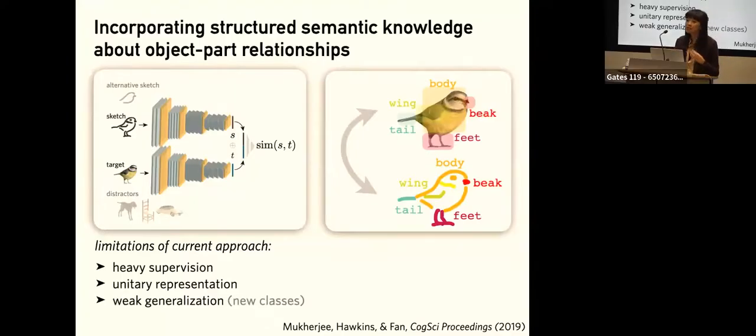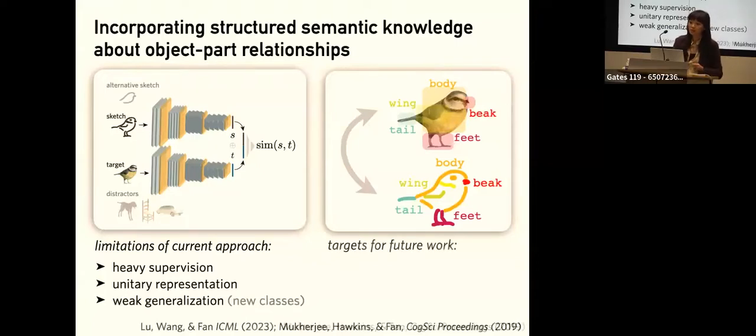In other words, the units of action that people perform in producing a sketch, each stroke they lay down, are closely coupled to units of meaning, the parts of the object they think are relevant to include.